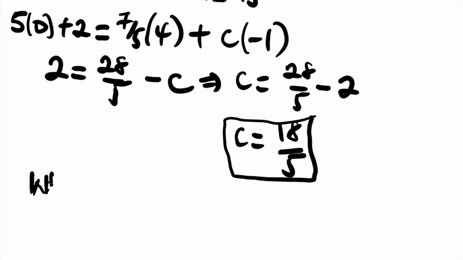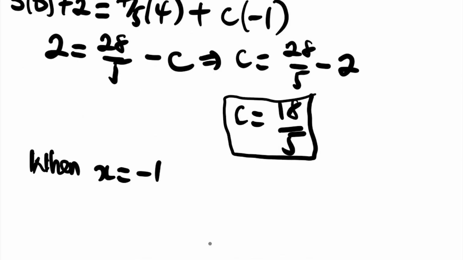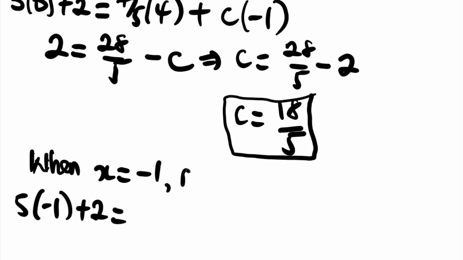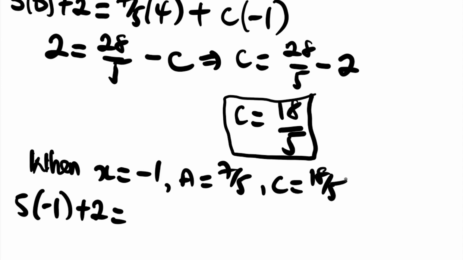So when x equals negative 1, the expression becomes 5 times negative 1 plus 2 equals, and a is equal to 7 over 5 and c is equal to 18 over 5. We found c already.